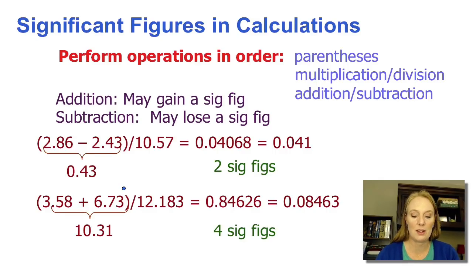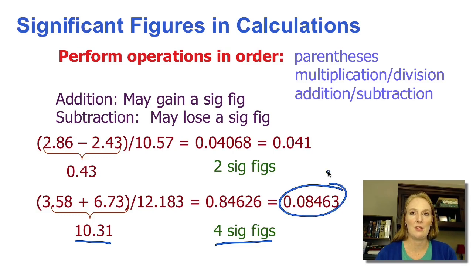That has 4 significant figures. Therefore, when I take that 4 significant figure number and divide it by a 5 significant figure number, my answer needs to be expressed to 4 significant figures. Does that make sense?